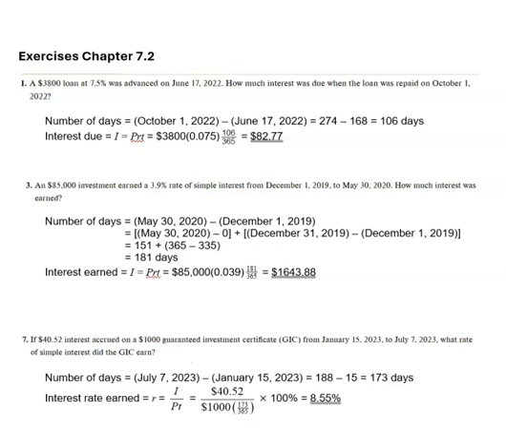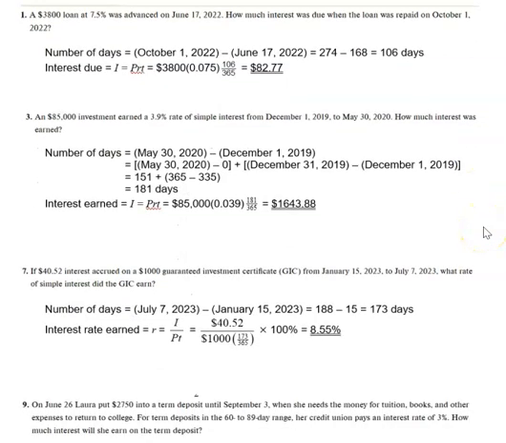Okay. So question 3. An $85,000 investment earned 3.9% rate of simple interest from December 1st to May 30th. How much interest was earned? Okay, so here it's a little bit different because you're going over the year.